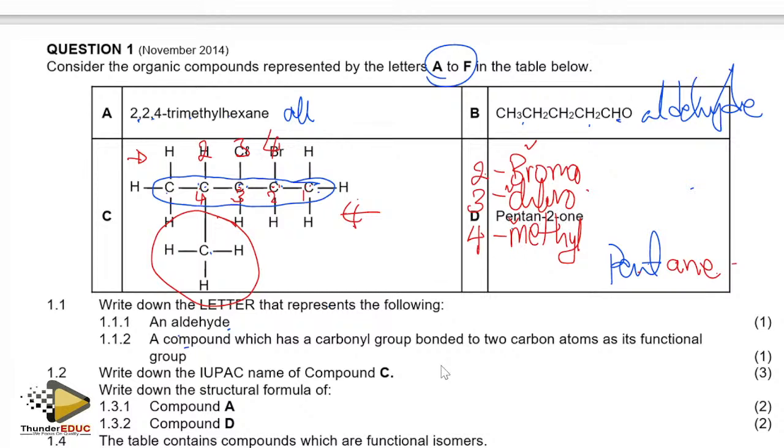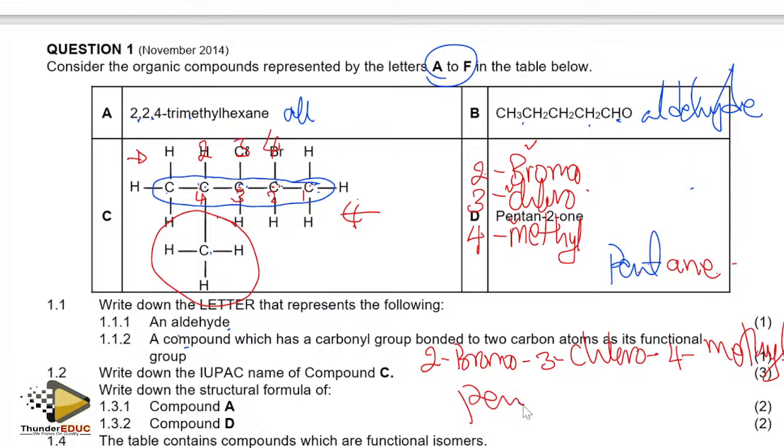Therefore, the name will be 2 dash bromo dash 3 dash chloro dash 4 dash methyl pentane. So it's going to become 2 bromo, 3 chloro, 4 methyl pentane.